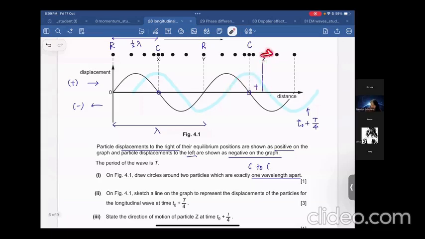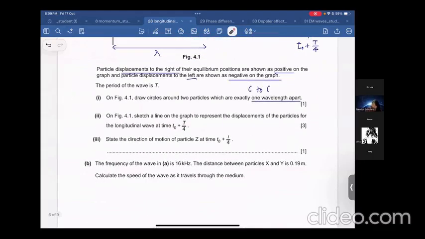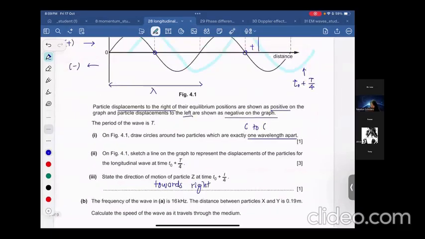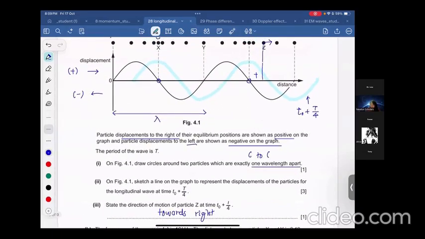Z particle motion is towards the right, so here we write down towards right. Can you get my idea? Z point after 1/4 period is still at the positive displacement, so it moves to the right.